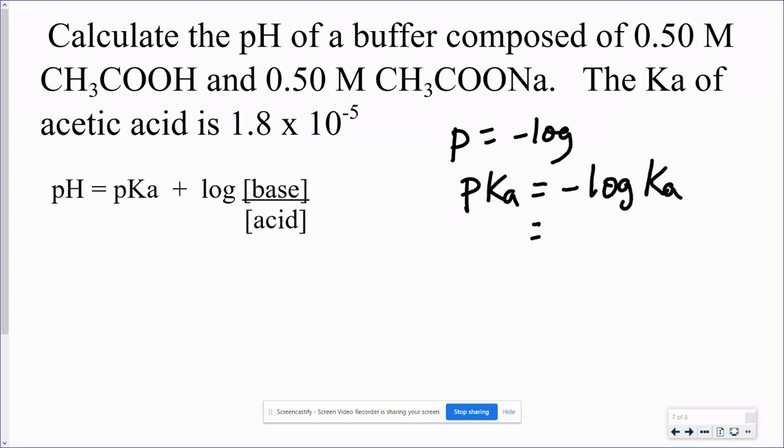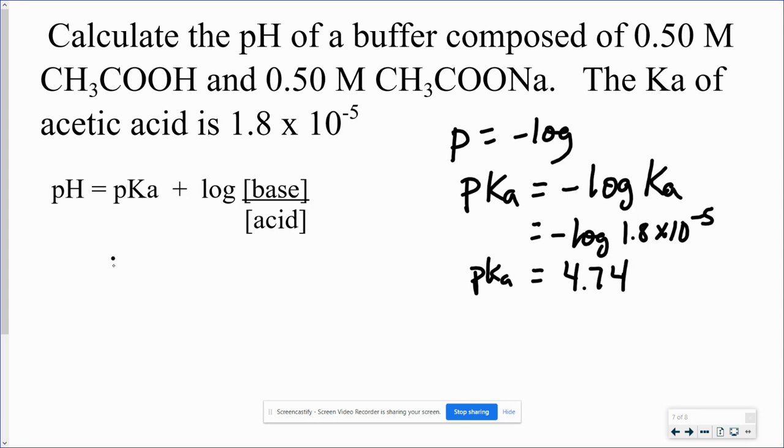In this case, the Ka is 1.8 times 10 to the minus fifth, and minus the log of that is 4.74. So the pKa is 4.74.